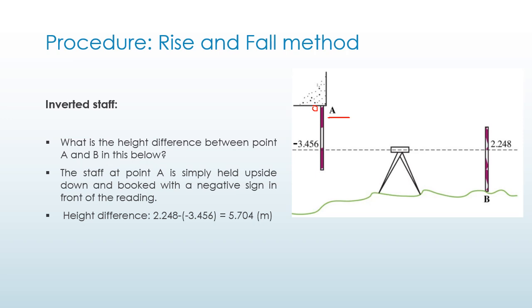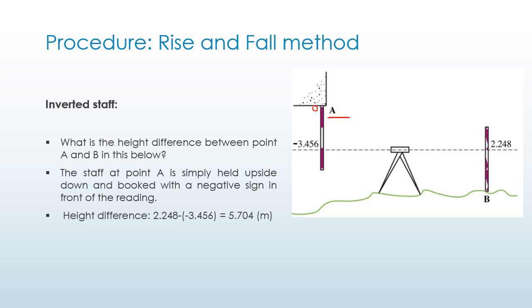But in this case, we have to put a negative sign before the reading for every point that is above the line of sight. So the reading is now minus 3.456 meter. The calculation is still the same as the previous steps. That is the subtraction of the readings.